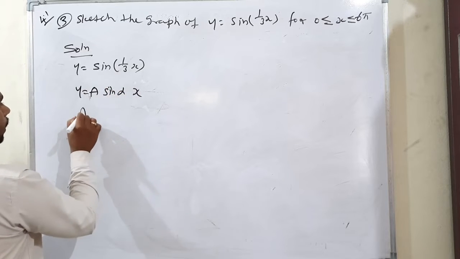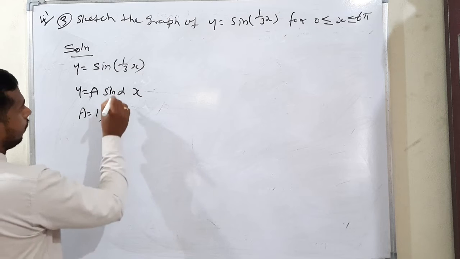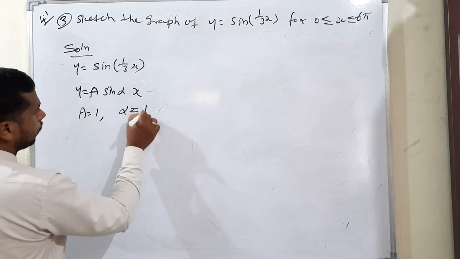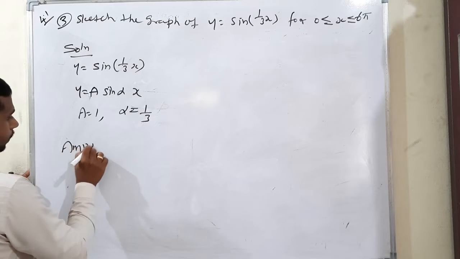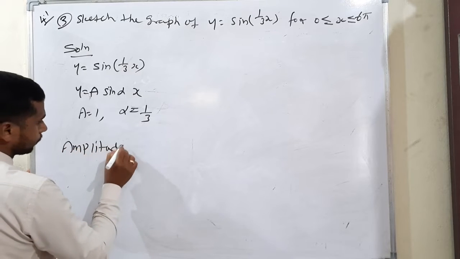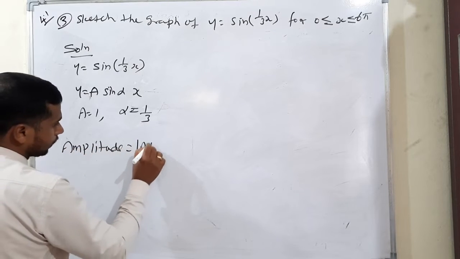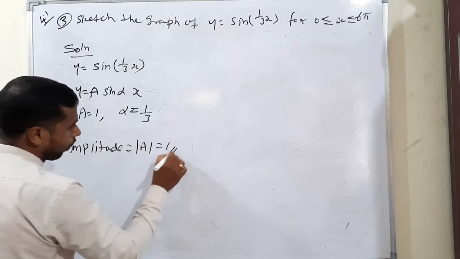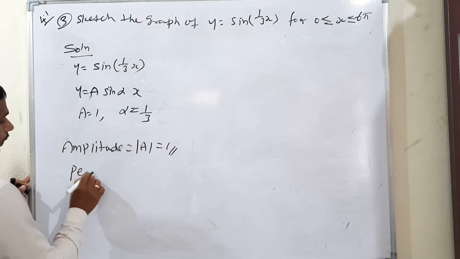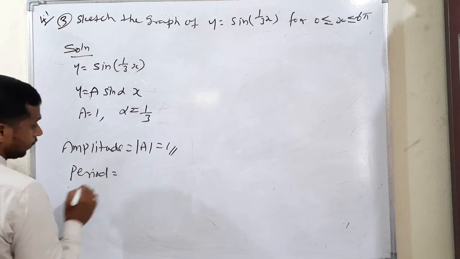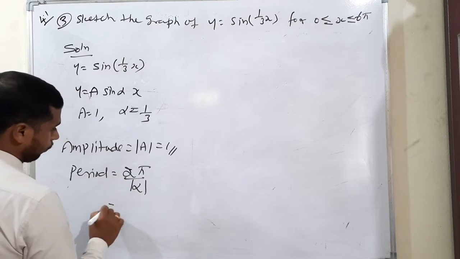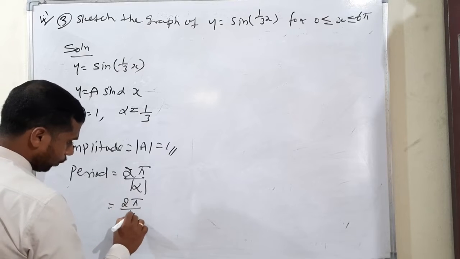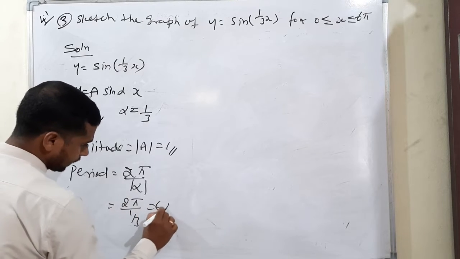What is the value of a? a is equal to 1, and alpha is equal to 1 by 3. Amplitude is the modulus of a, which is 1, so the answer is 1. Then period means 2 pi by modulus of alpha, therefore 2 pi by 1 by 3. The reciprocal gives 6 pi.